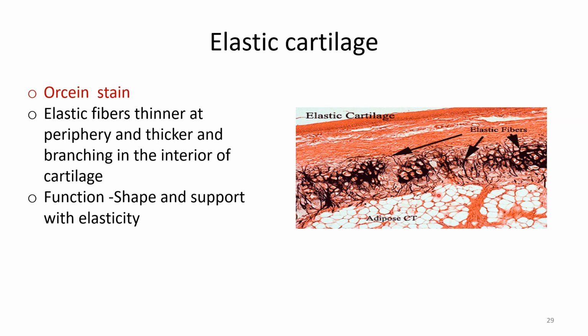So this is a special staining of Orcein for the elastic cartilage. And you know that the function of the elastic cartilage is to give shape and support with elasticity.